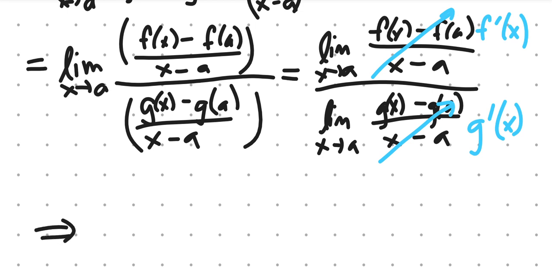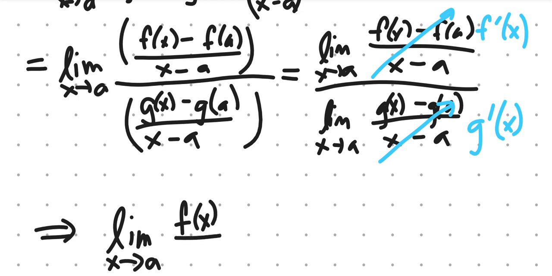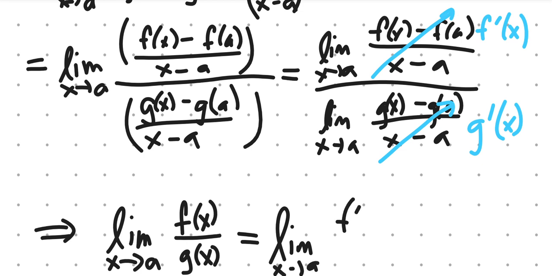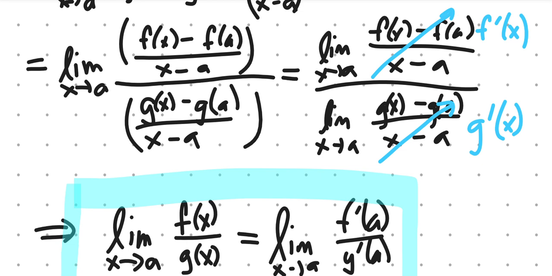So in the end, we have proven that the limit as x approaches a of the normal function f of x divided by another normal function g of x, where g of x is not equal to 0, is just equal to the limit as x approaches a of f prime of a divided by g prime of a. Very, very nice.